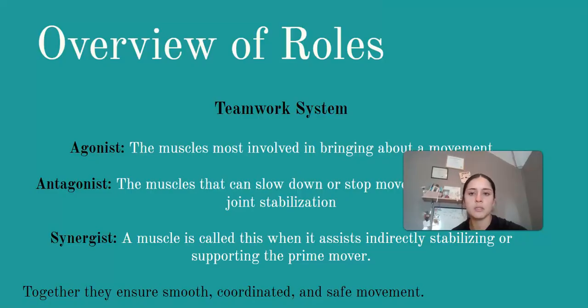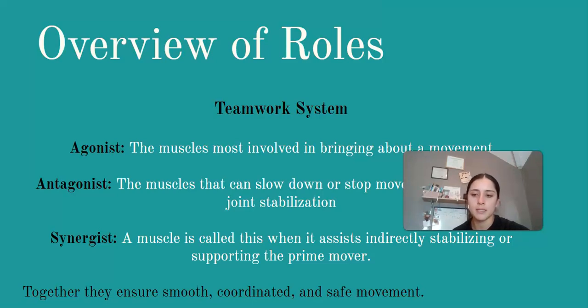And then we go into a little bit of an overview of the roles of the three muscle groups or muscle systems that we're going to go over. Starting off with the agonist, it's the muscle that's directly producing movements. For example, during a bicep curl, it would be the bicep that's the agonist.